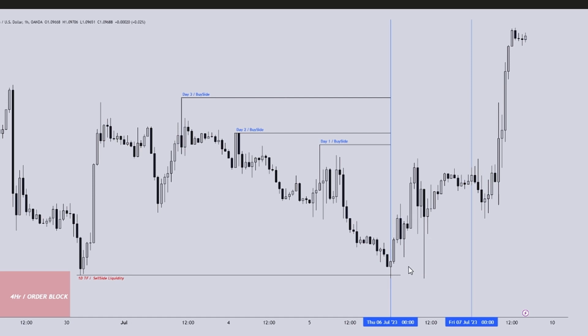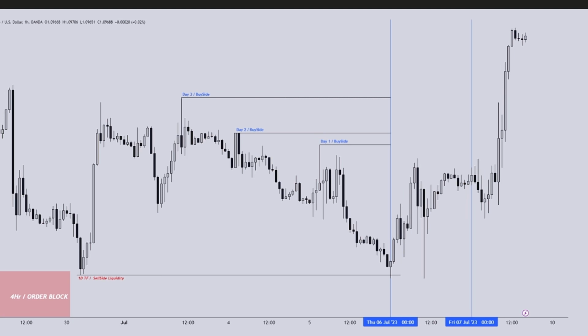Each one of these days, when we have our bullish bias, we are expecting price, from the open of each one of this 2-day range, so from the open, this blue line right here, midnight 00 New York time, so set your TradingView or whatever platform you trade to New York time, we expect price to create some form of accumulation, manipulation, distribution.